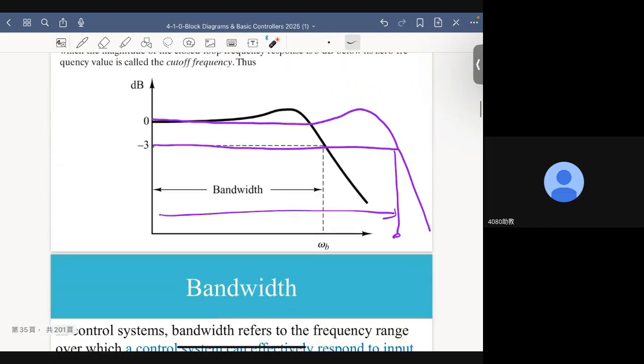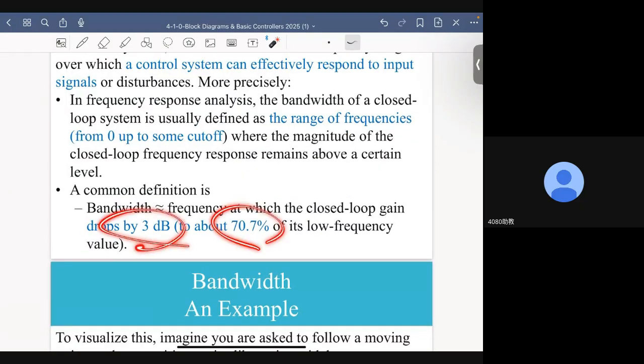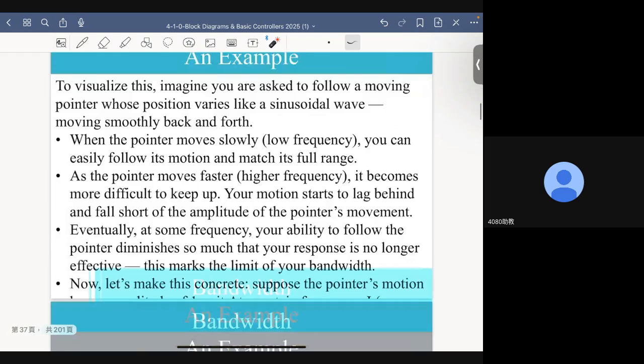Here, the certain level is minus 3 dB, which is about 70% of the low frequency value, or 70.7% of the input sinusoidal signal amplitude. All right.